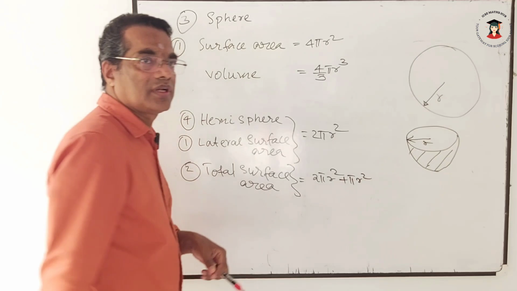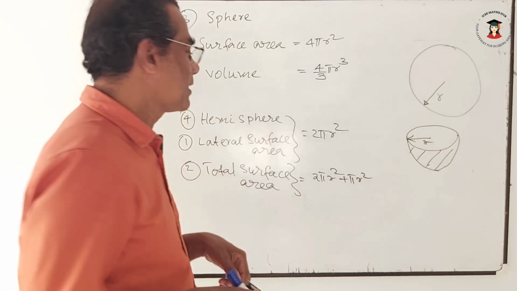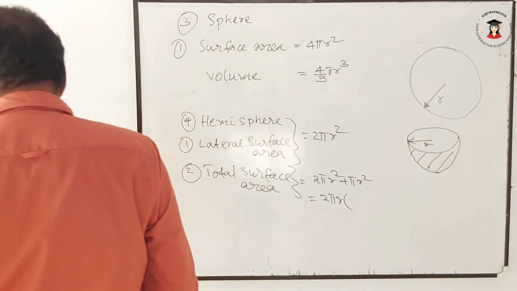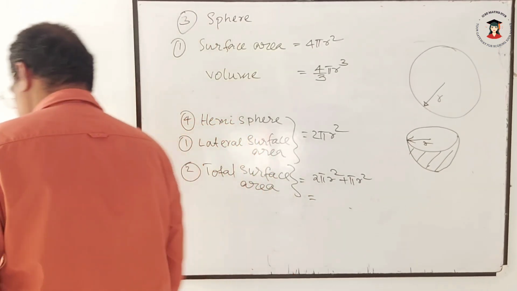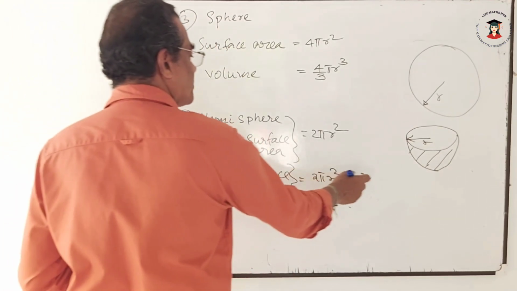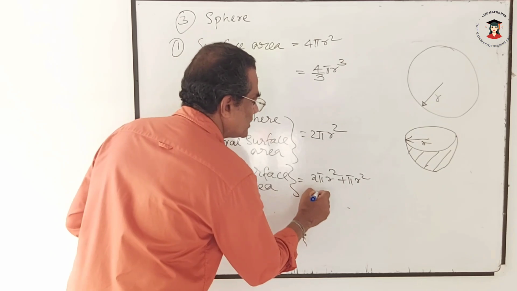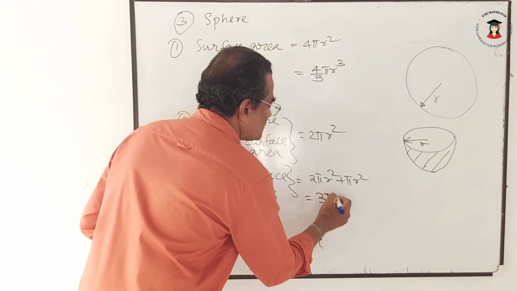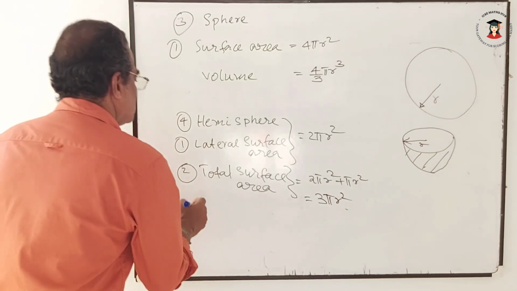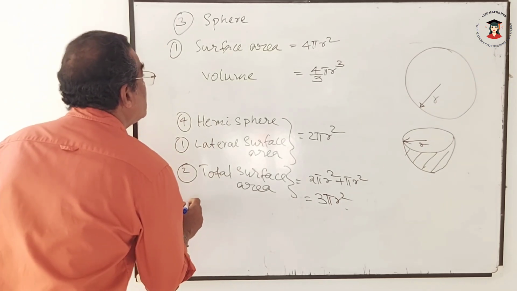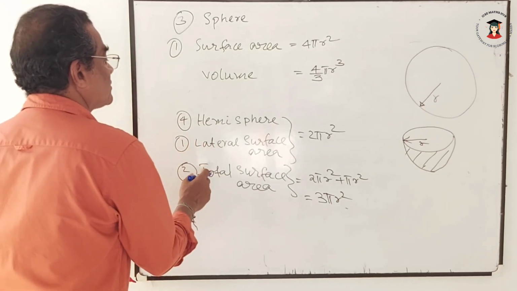You remember it like this only. That is 2 pi r square plus pi r square, which is 3 pi r square, just like 2x plus x is 3x. So it is 3 pi r square.